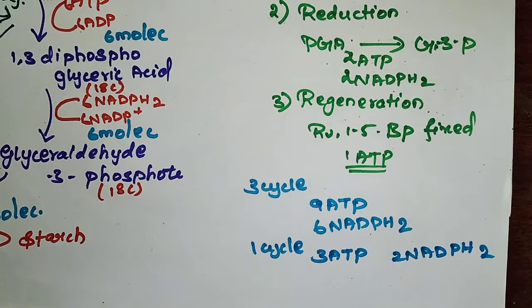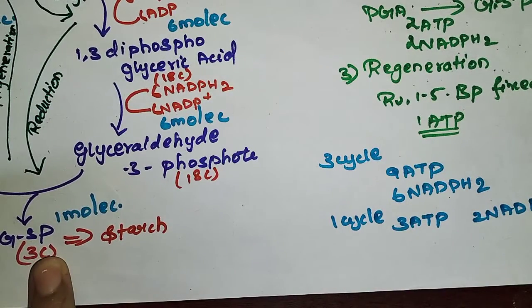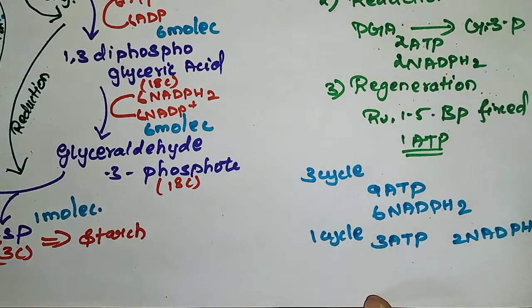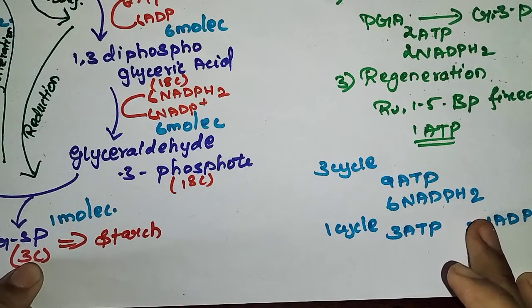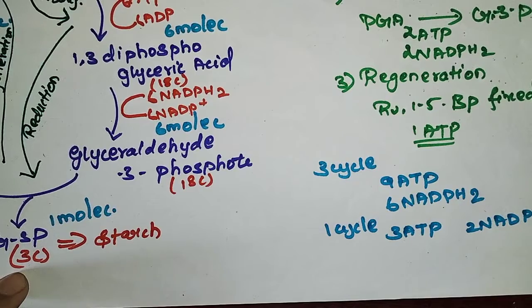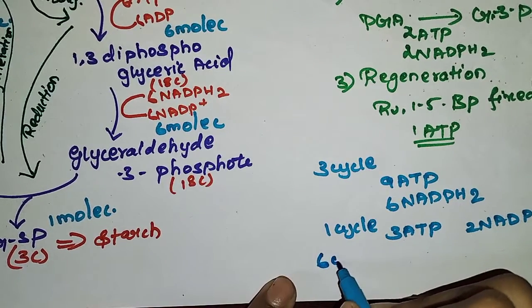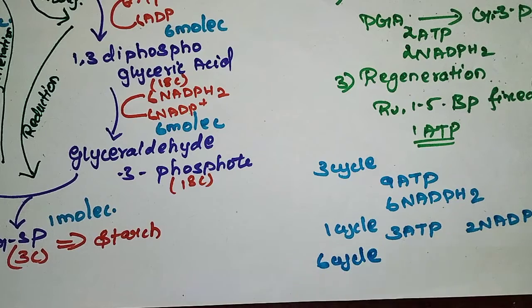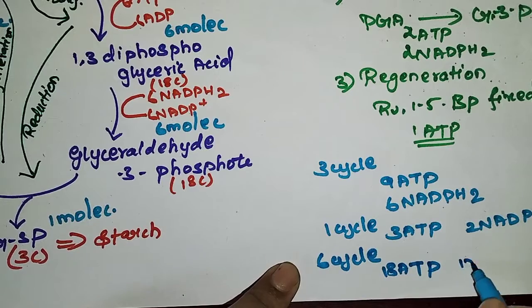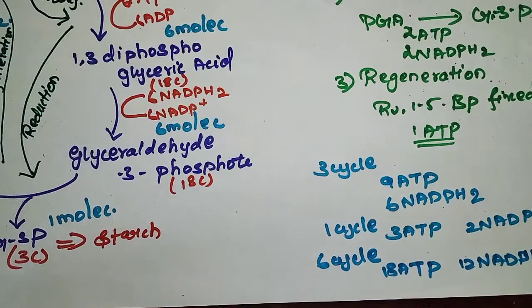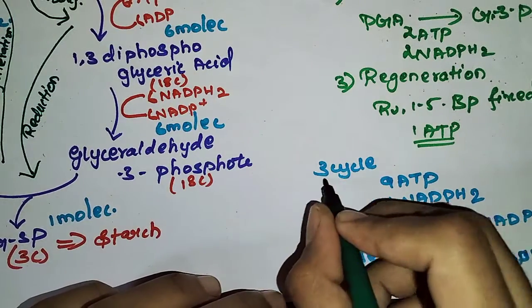For getting one glucose molecule, for 3 Calvin cycles we get a 3 carbon product. For 6 cycles we get 1 glucose molecule, that means 6 carbon. So for 6 cycles, 6 threes are 18 ATP, 6 twos are 12 NADPH2. Clear?